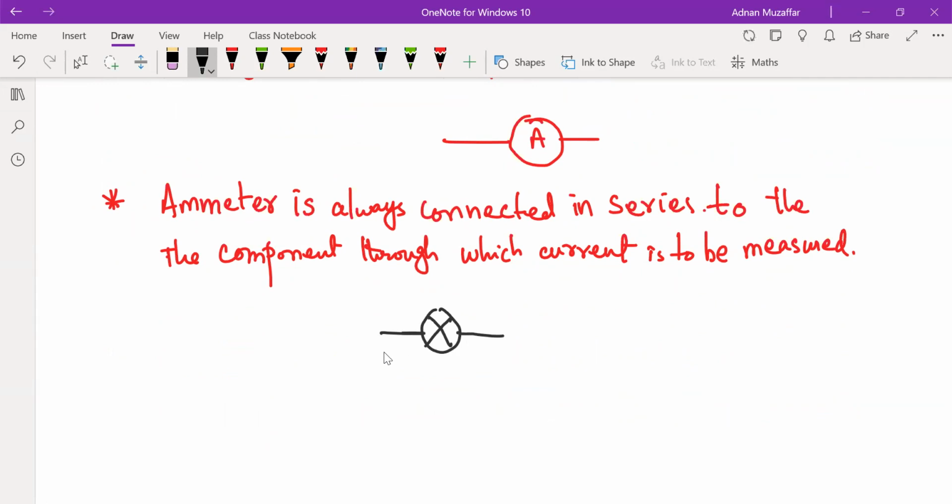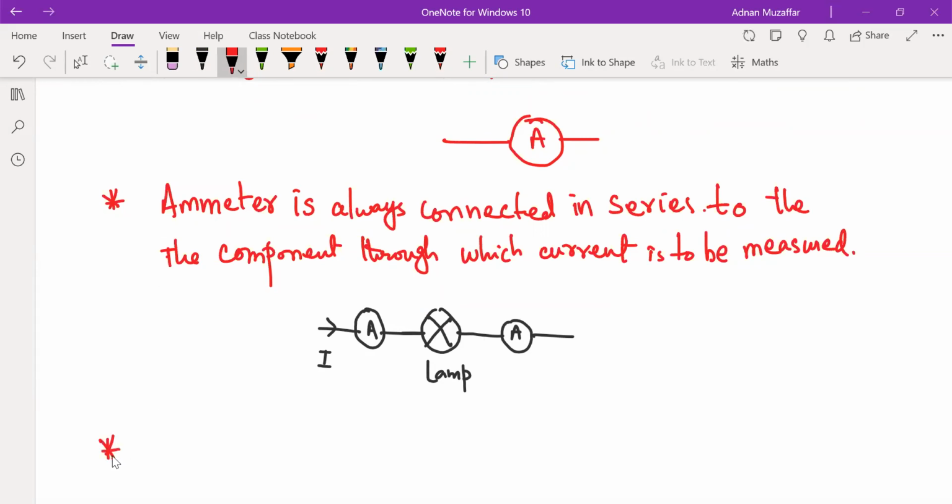To measure the current in this lamp, you can connect an ammeter here or here. Both ammeters will give the same reading because current remains the same in series. So to measure current in this lamp, we need to connect the ammeter in series with the lamp.